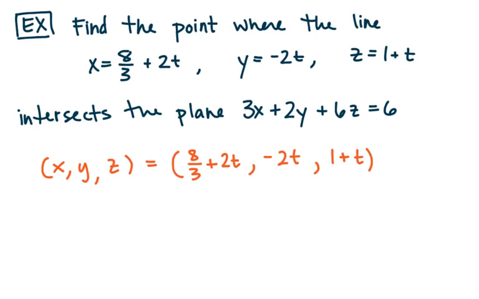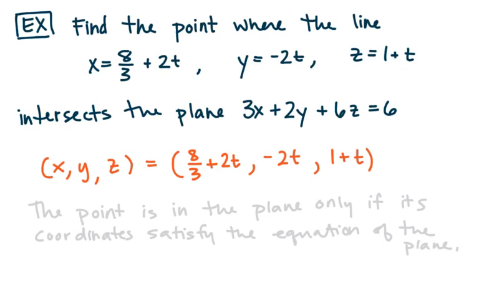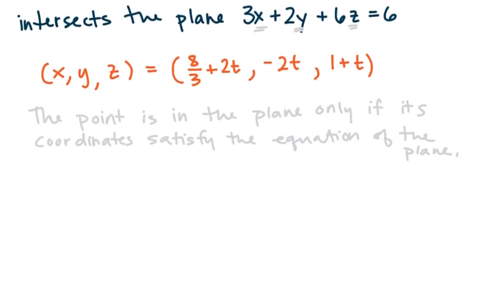So this point is in the plane only if its coordinates satisfy the equation of the plane. So what that means is I can take each of these x, y, and z values and evaluate them in the plane to find what that parameter is to give us those points.